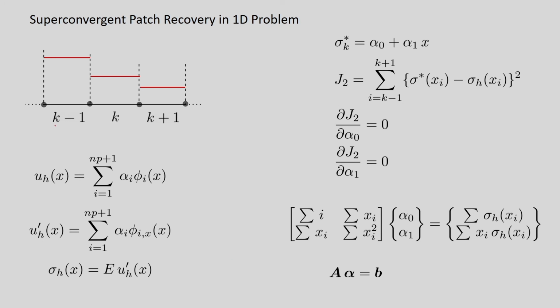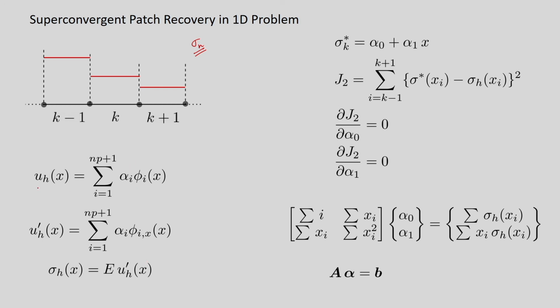We call it a patch, which are numbered as k, k minus 1 and k plus 1, and the red lines denote the stresses that are obtained from the finite element solution. How can we obtain the stresses? Let me just tell you in brief.